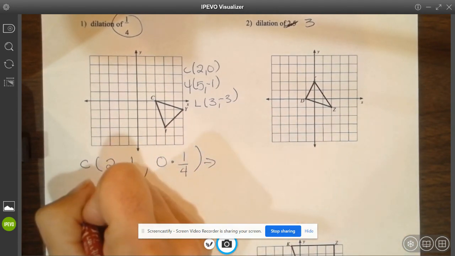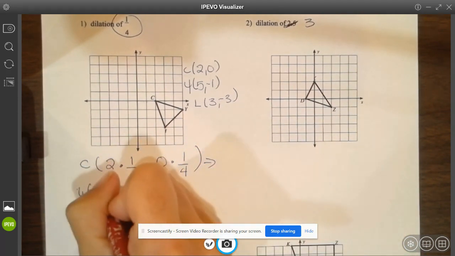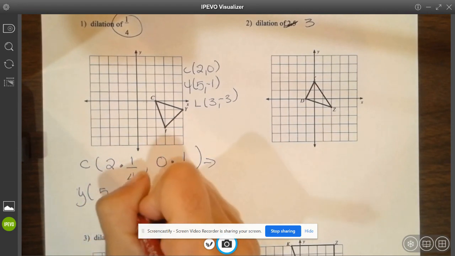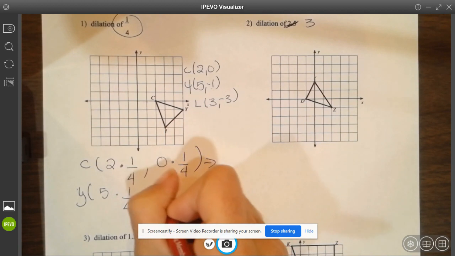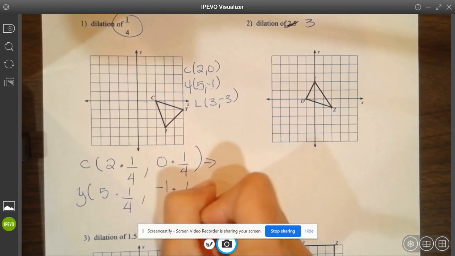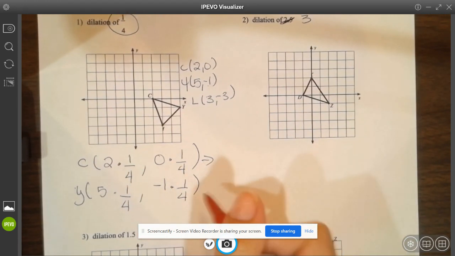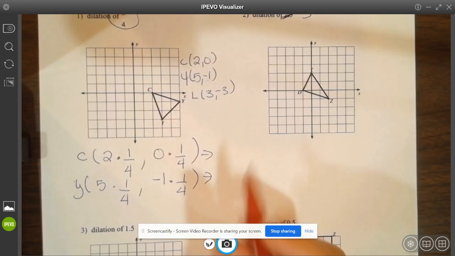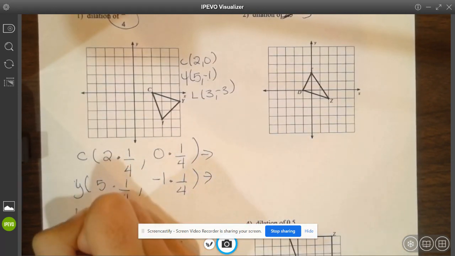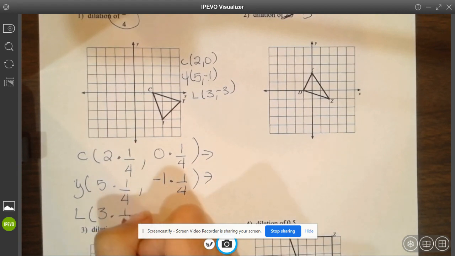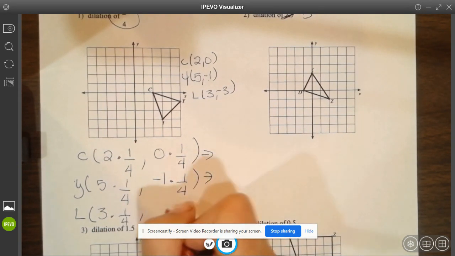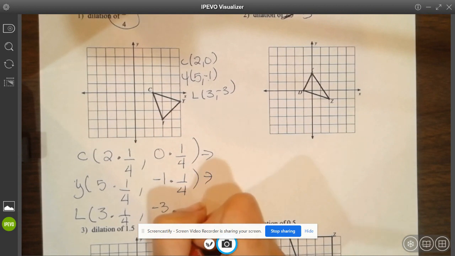My second point is Y, and it's 5 times 1/4, comma, and negative 1 times 1/4. Notice that I'm multiplying. And then my point L is 3 times 1/4, comma, and then negative 3 times 1/4.